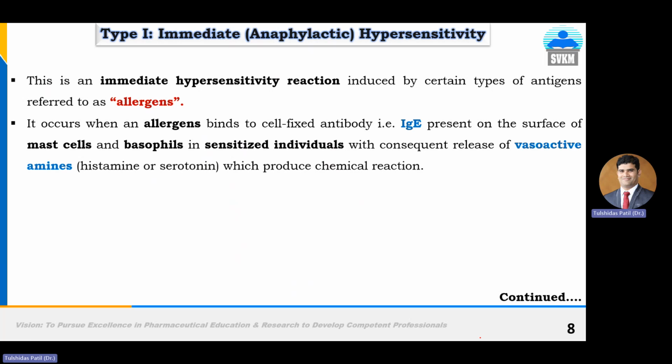This leads to the release of vasoactive amines, that is histamine, serotonin, or others, which lead to further chemical reactions. So this is the overview, or the general principle, involved in the immediate type of hypersensitivity reaction.